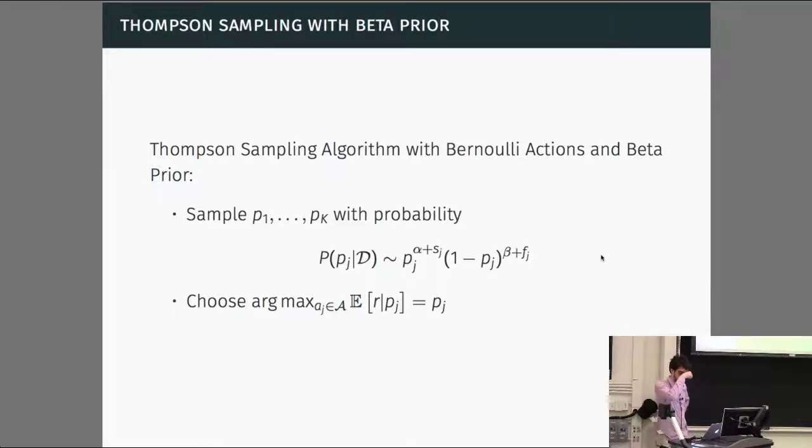With large alphas and betas, the successes and failures you get have less of an impact on your initial configuration of what you think the probability should be. So you're less influenced by results that come in, and you're more likely to explore.